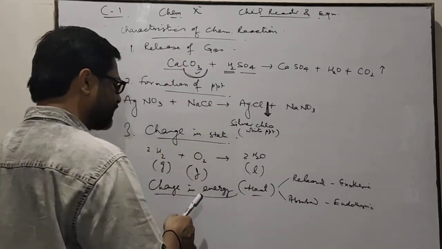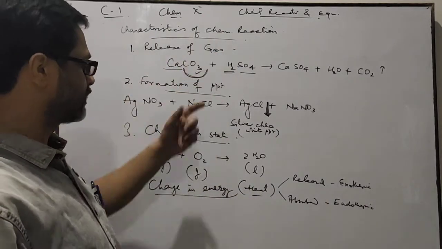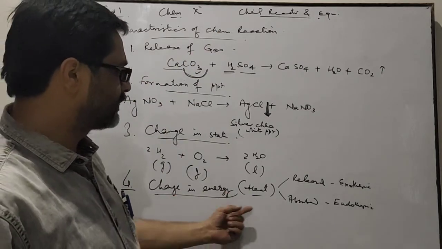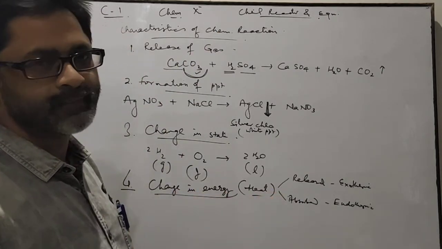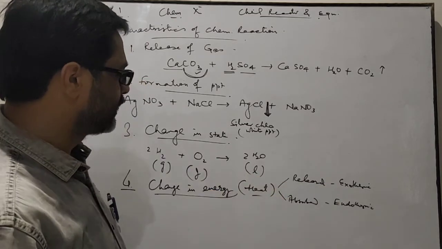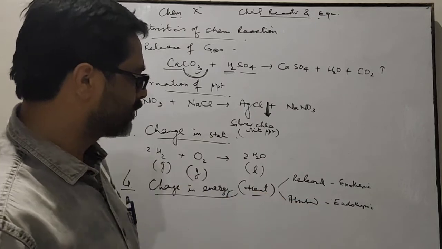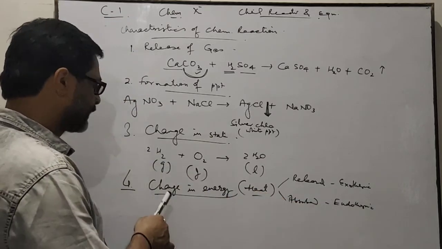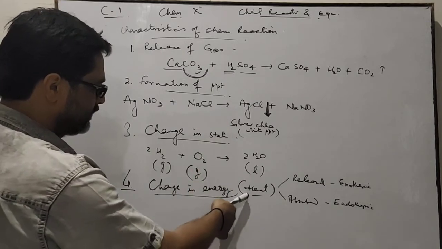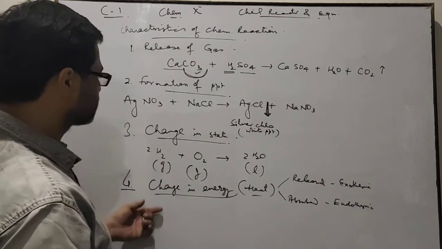Means you can say during the chemical reaction, heat or energy is changed. It may be released or it may be absorbed. If released, then the reactions are called exothermic, and if absorbed, then they are called endothermic reactions. Means during a chemical reaction, generally heat or energy is changed.